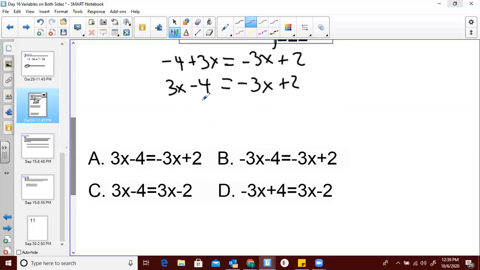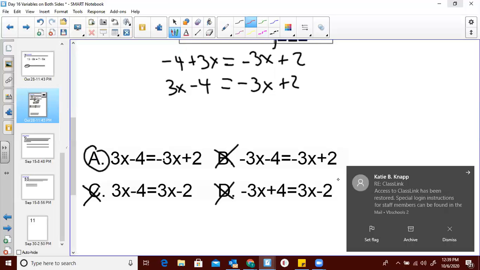So I'm looking for 3x minus 4. Negative 3x minus 4, can't be B. Negative 3x plus 4, can't be D. All right, and then I'm looking for my second half of my equation, negative 3x plus 2. I got negative 3x plus 2 and a positive 3x plus 2. So that leaves me with the answer to be A.